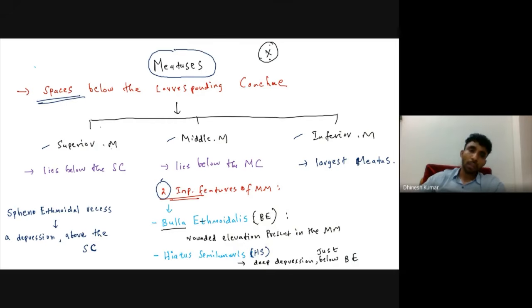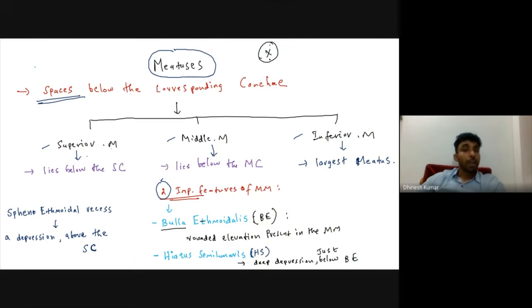Fine. Out of these three meatus, superior meatus lies below the superior concha, middle meatus lies below the middle concha, inferior meatus lies below the inferior concha, right?